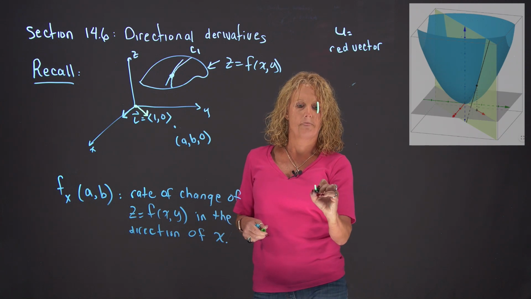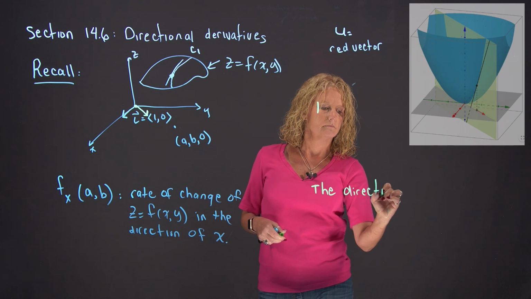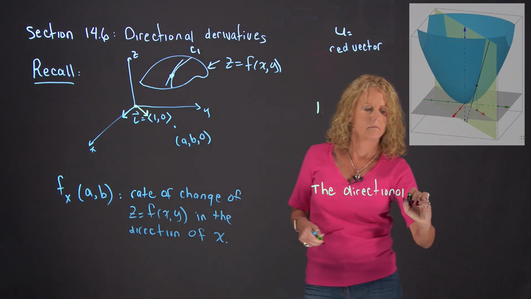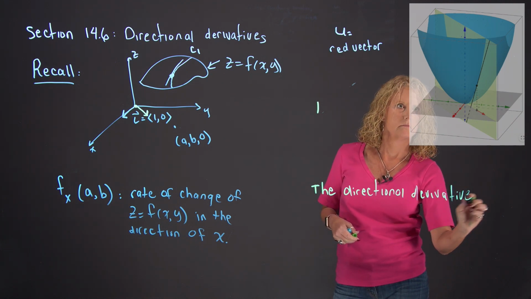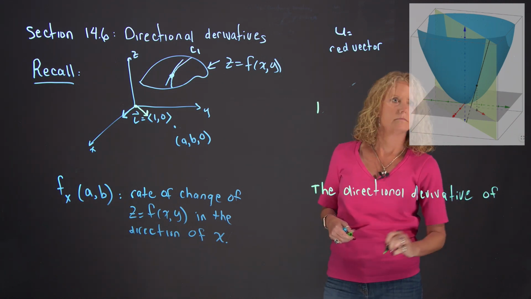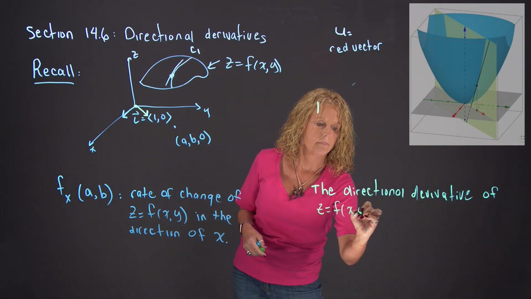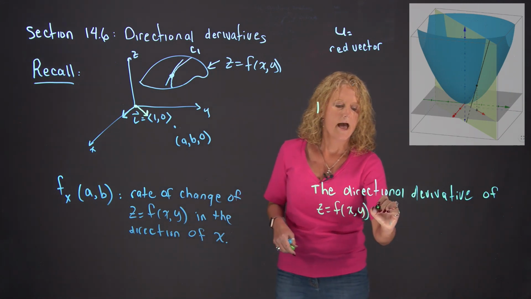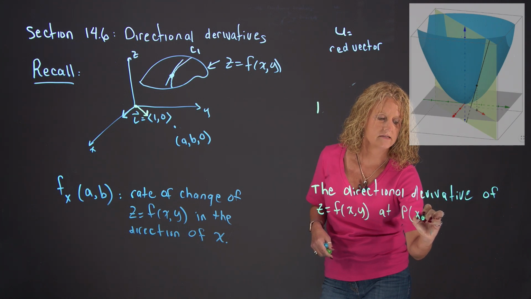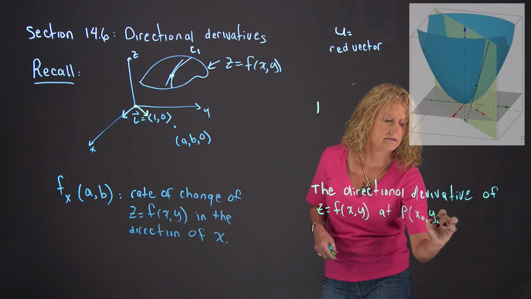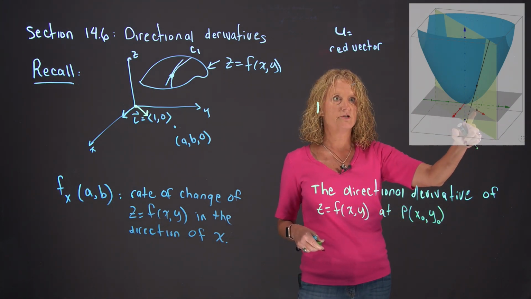Let me start down here. The directional derivative of z equals f of x, y at the point P whose coordinates are x naught, y naught. So that's the point in the xy plane that you're sitting at.